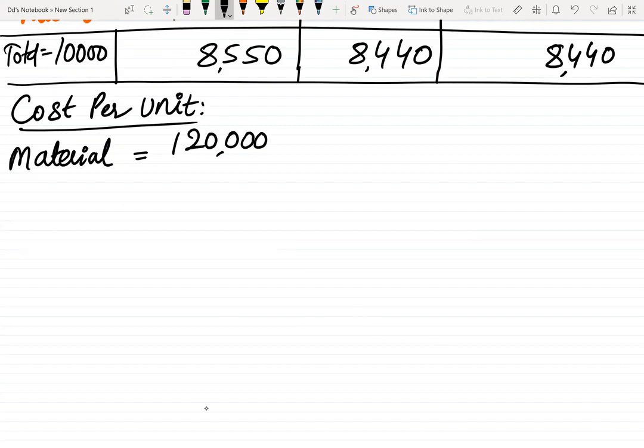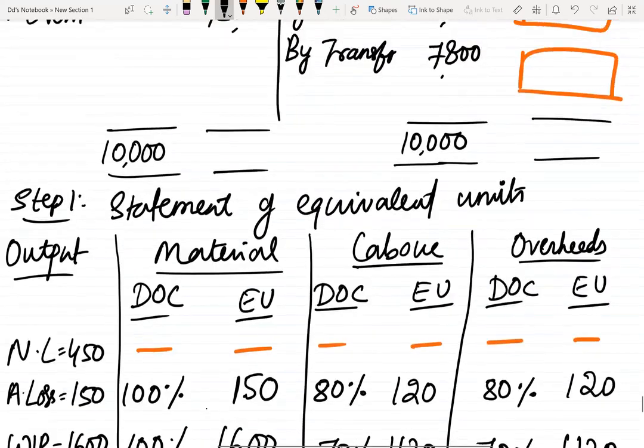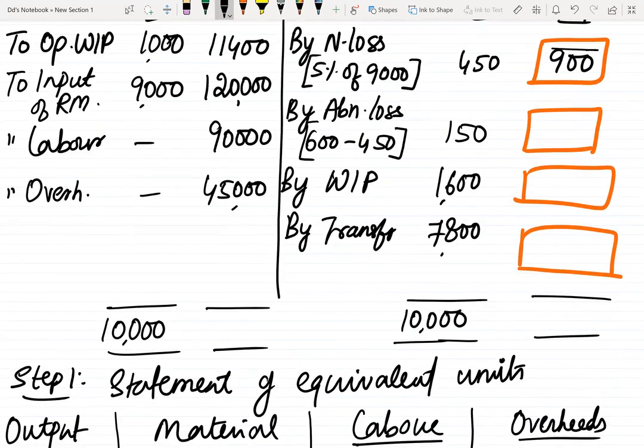But be careful: you will have to deduct the normal loss scrap income, which I have already explained. From material cost, I'll have to deduct the scrap income. How much was scrap income? 900 rupees.